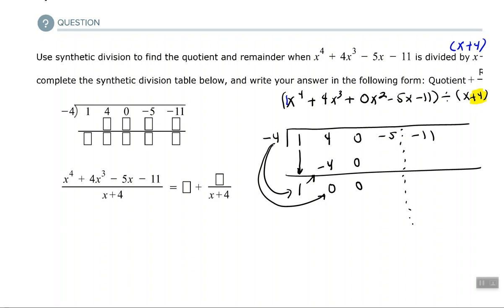Combine those. Multiply. Negative 4 times 0 is 0. Negative 5 plus 0 is negative 5. And then multiply one more time. Negative 4 times negative 5 is positive 20 with the remainder of 9.